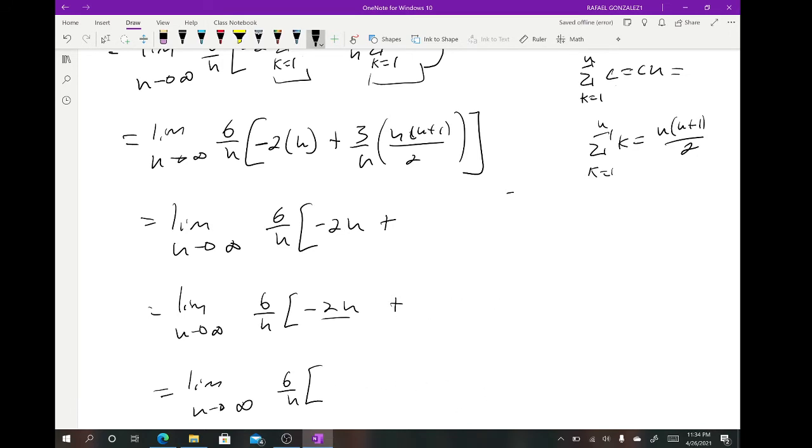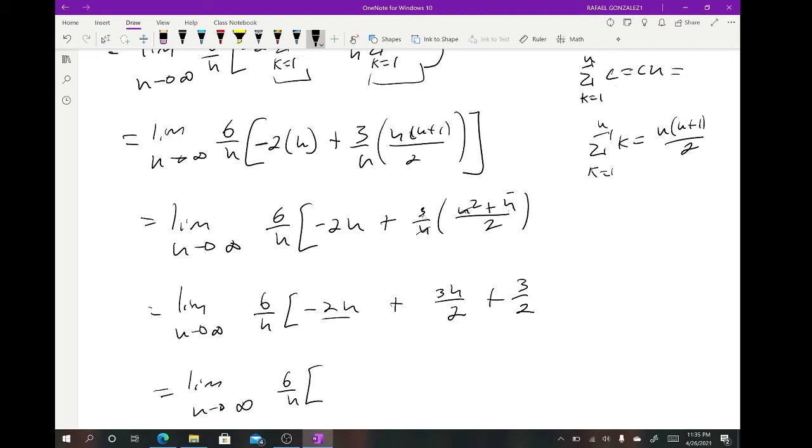So what we really have here, let's first multiply, so we've got to be careful here. This is n squared plus n divided by 2. There we go. So now you can see that 1n cancels with this, so you get 3n over 2 plus 3 over 2.